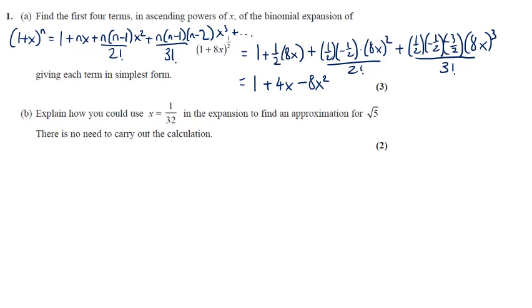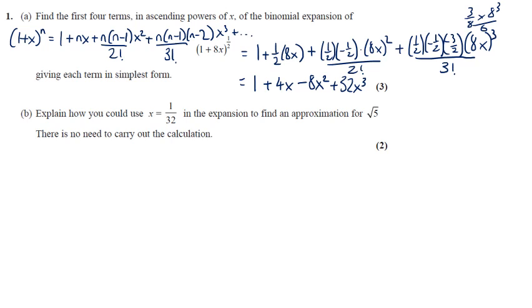And then the last one, a half times minus a half times minus 3 halves, that's 3/8, divided by 3 factorial, so we've got 3 over 8 times 8 cubed over 6. If we put all that together, we get 32, so 32x cubed.